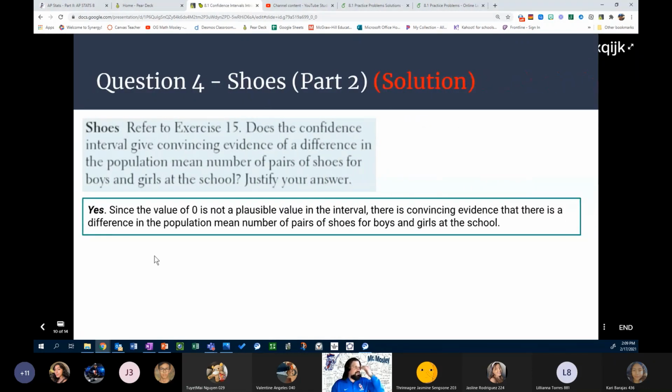And so that's what the solution is here. So yes, since the value of 0 is not a plausible value in the interval, there is convincing evidence that there is a difference in the population mean number of pairs of shoes for boys and girls at the school. And that's supported by that confidence interval.